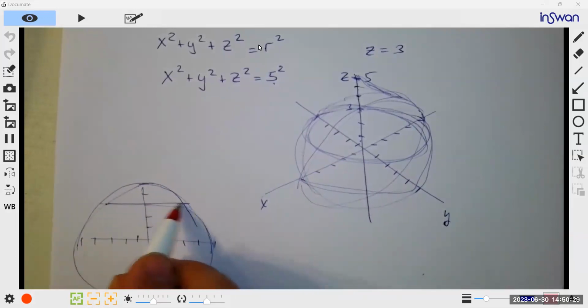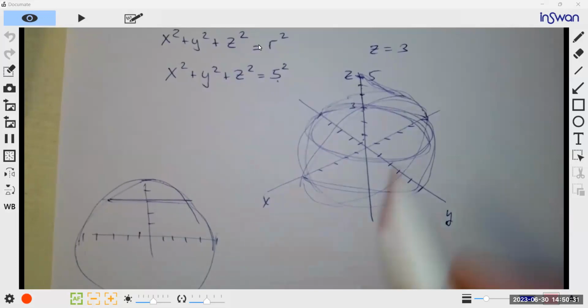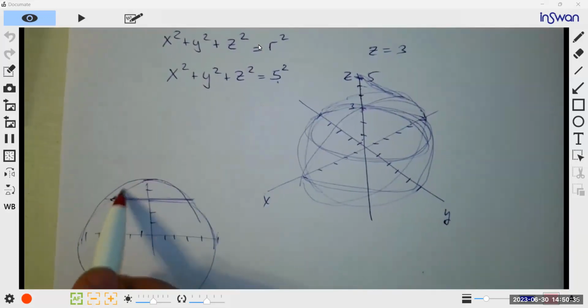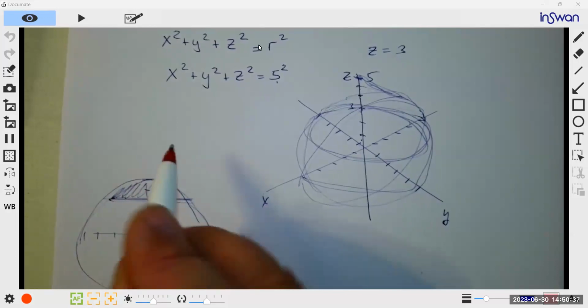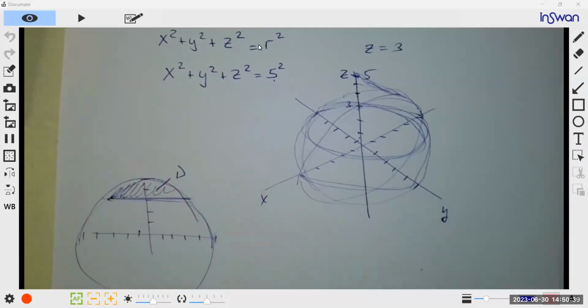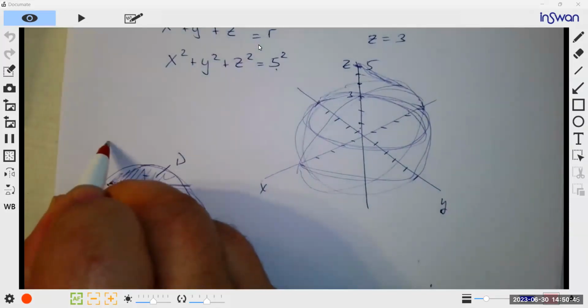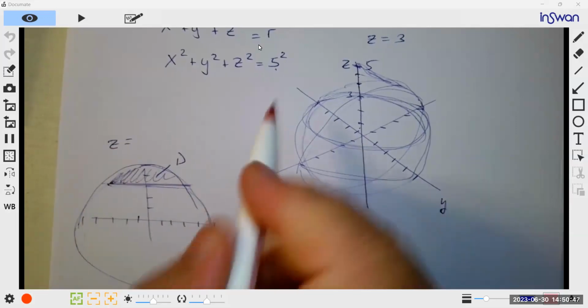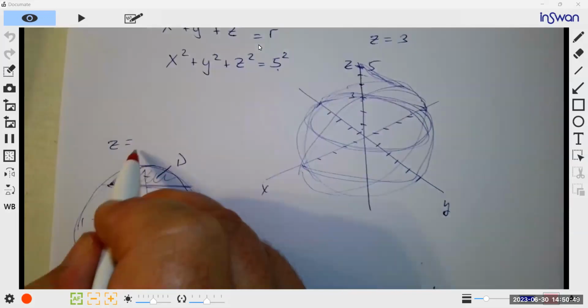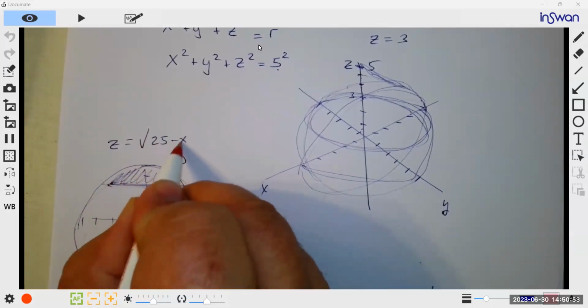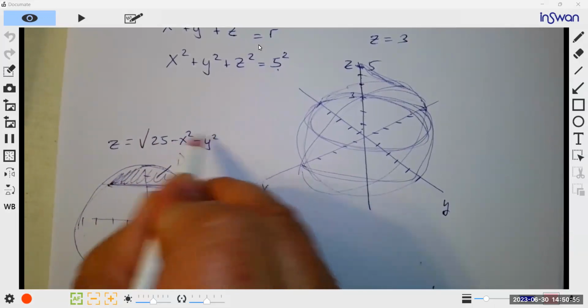But we only want to start it from here. The region of the sphere lies above the plane z equals 3. That is what we're looking for. So our formula for that one is, there's z, it's going to be the square root of 25 minus x squared minus y squared.